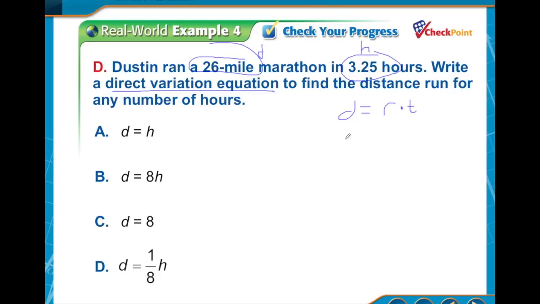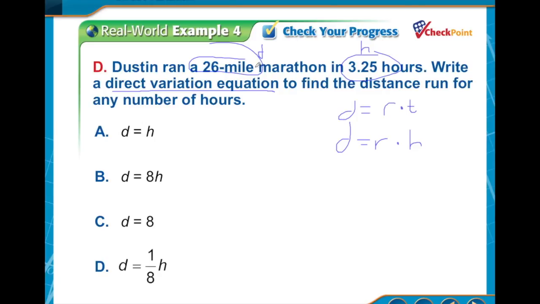So let's rewrite this as distance equals the rate times the number of hours. So now we can plug in the two numbers given. There's 3 unknowns. They give us 2 numbers we could use that go together. And then there'll be one variable left, that is r, the rate. We can find that rate that's always the same, and then that'll help us write our equation.